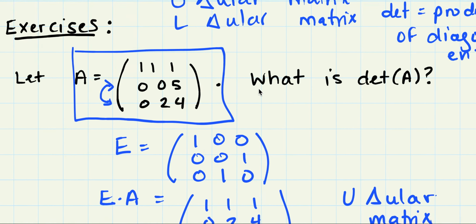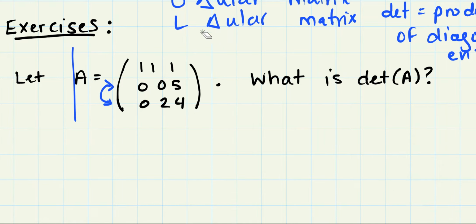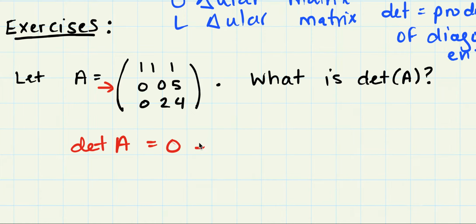Let's look back at this matrix. Something we could do is figure out the determinant of this matrix using the determinant formula. What I would do is go along this row here, and the determinant of A would be 0 plus 0 plus 5 times -1 to the 2 plus 3, since this is the 2, 3 entry.